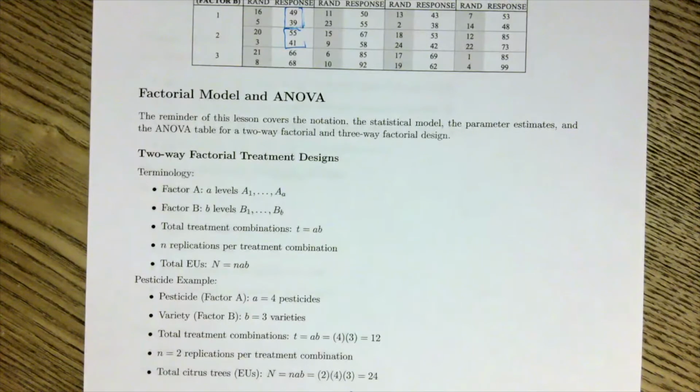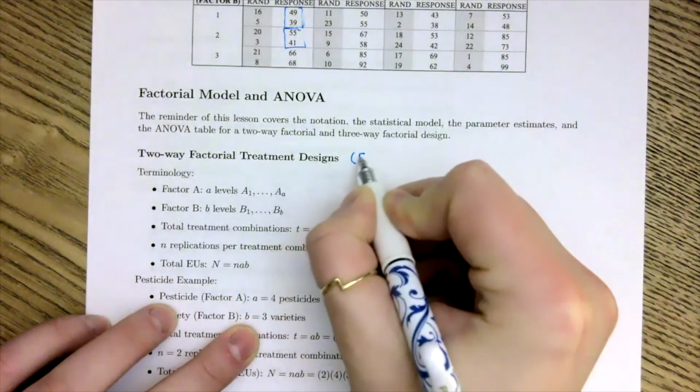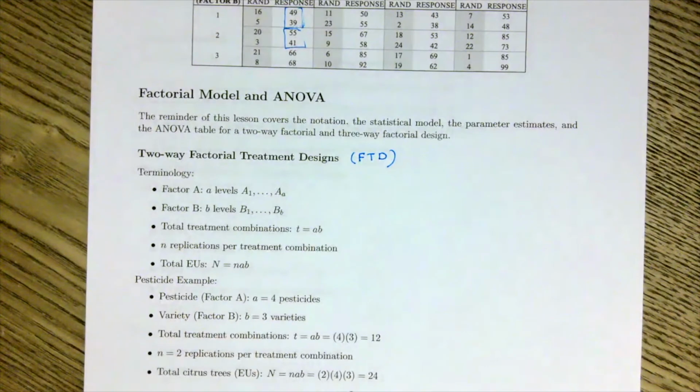Now, with a two-way factorial treatment design, sometimes as a note, I might denote it as FTD in homeworks or whatnot. I don't believe I did it in the notes, but this would be a small abbreviation for factorial treatment designs. So we have two treatment factors, and rather than combining them into one factor, we're going to keep them separate and look at their treatment combinations.